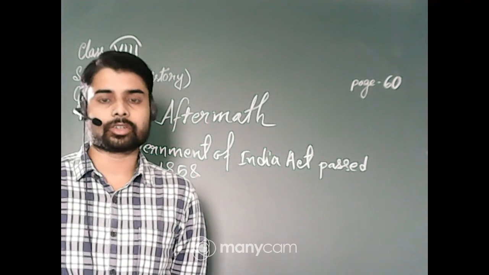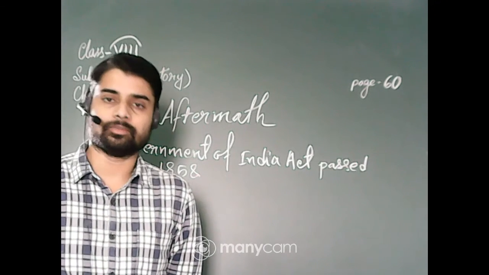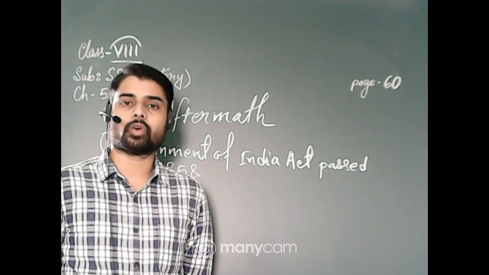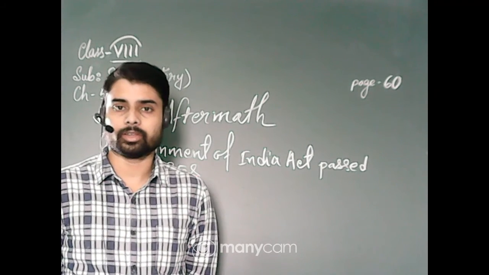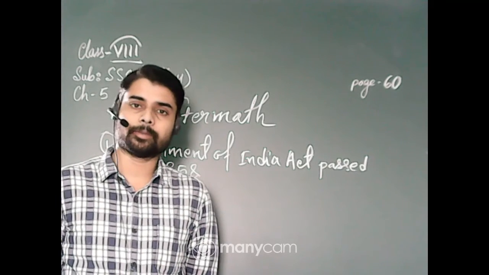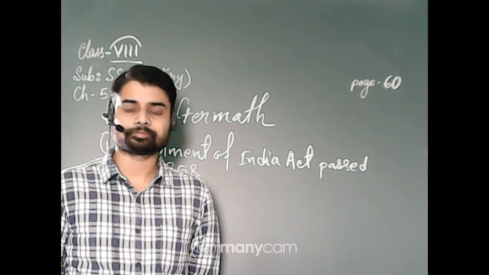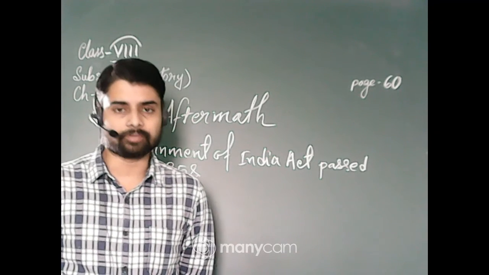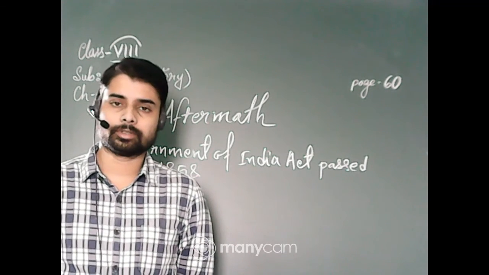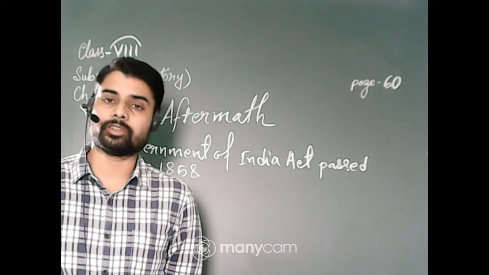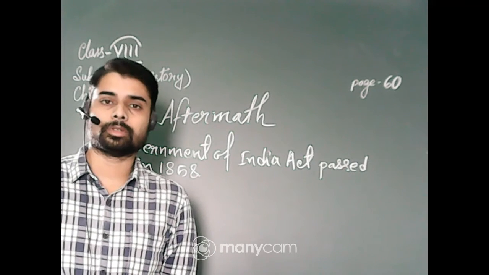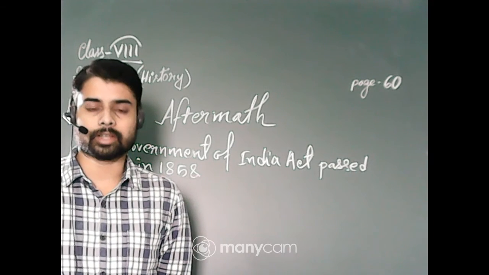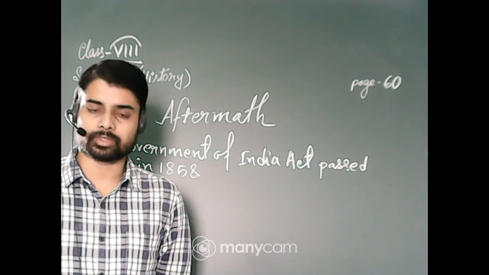Now it is finished with the Sepoy Mutiny of 1857. These 150 years are the first phase of modern Indian history. After the term 1 examination, we'll see the second phase of modern Indian history, from 1858 up to the independence of India in 1947, about 90 years.